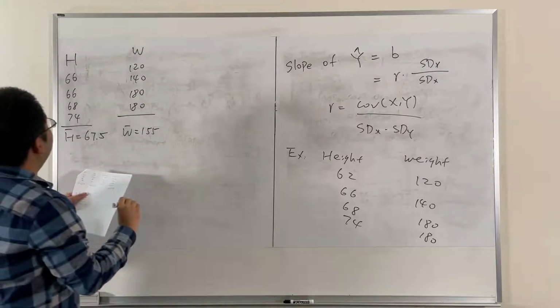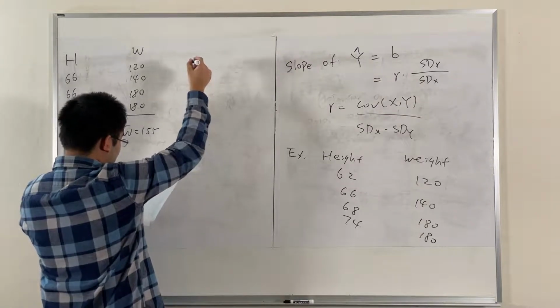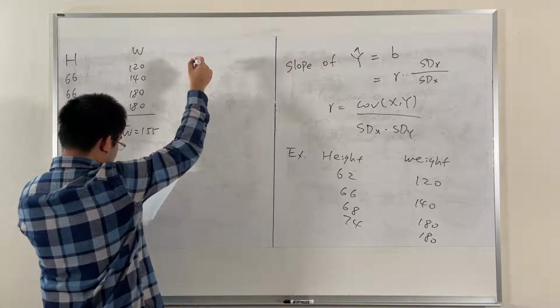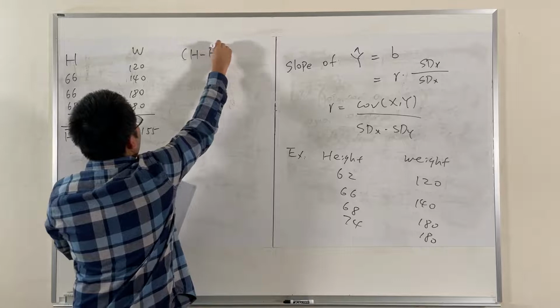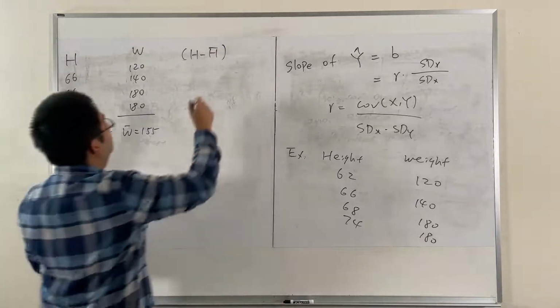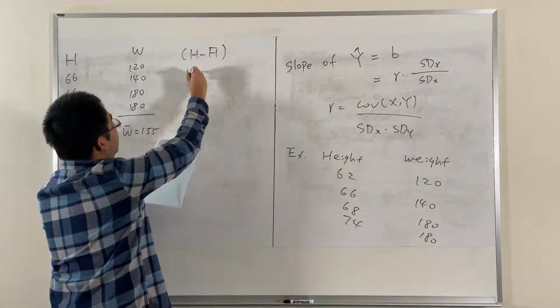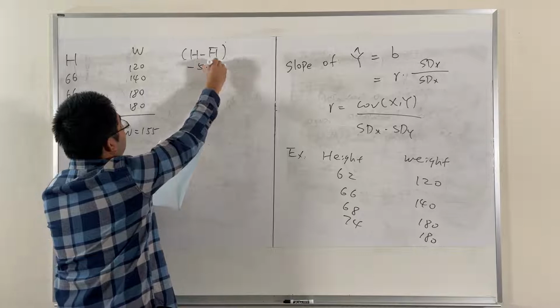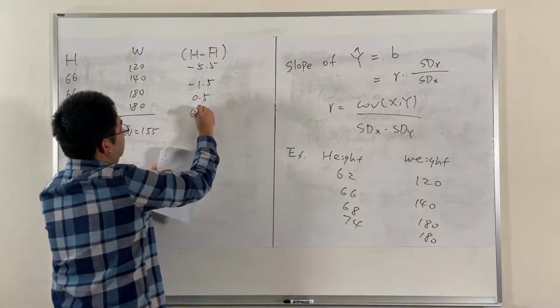Okay, and then the next set of values we need is h minus h bar. Okay, let me not do the square first. I will do the square later. So it'll be minus 5.5, minus 1.5, 0.5, 6.5.